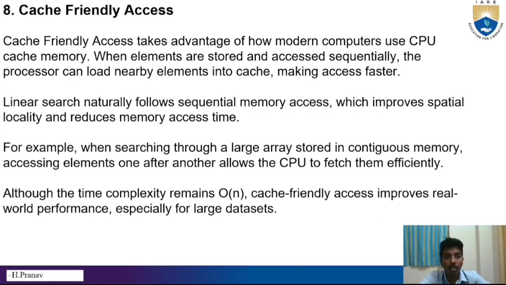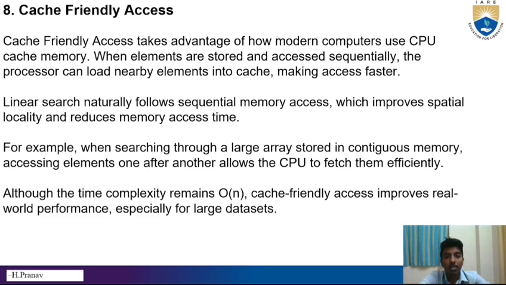Coming to the eighth optimization, which is cache-friendly access. Cache-friendly access takes advantage of how modern computers use CPU cache memory. When elements are stored and accessed sequentially, the processor can load nearby elements into cache, making access faster. Linear search naturally follows sequential memory access, which improves spatial locality and reduces memory access time.